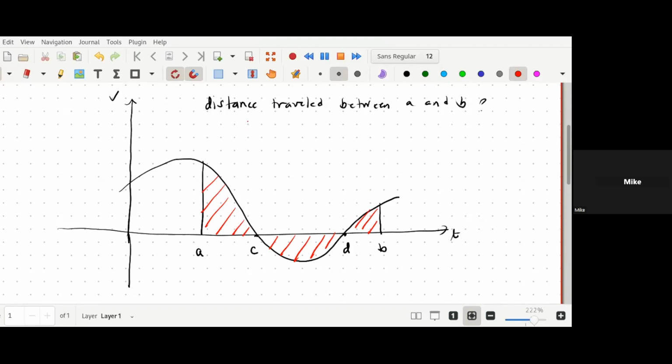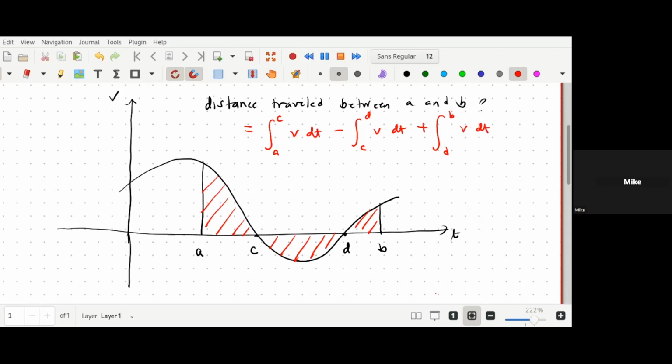So, this area is actually just going to be integral from A to C, V dt, minus, since nasa ilalim yung velocity, or negative yung velocity, C to D, V dt, and then velocity is positive, so plus D to B of V dt.